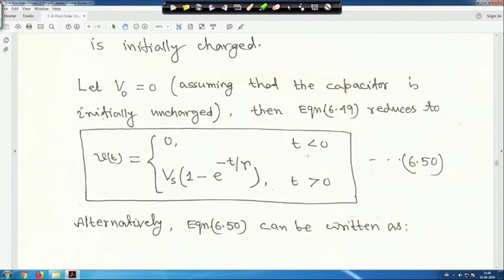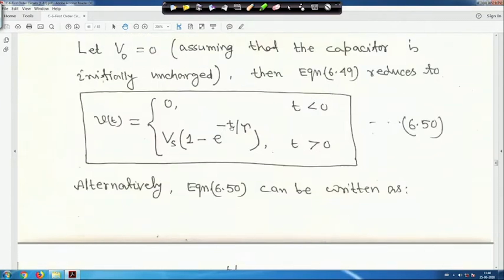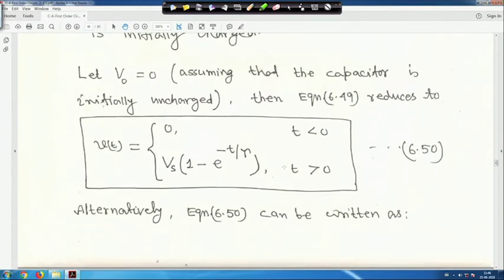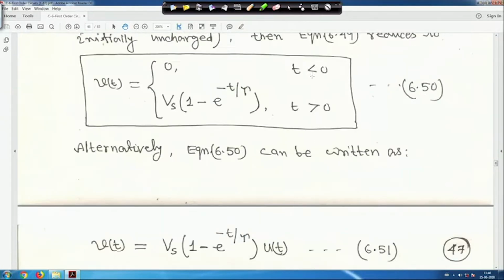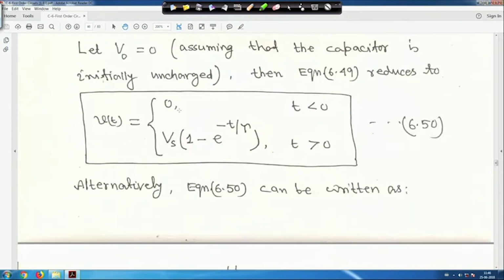Alternatively, you can write this equation another way: Vt is equal to Vs (1 minus e to the power minus t by tau) into u(t), because u(t) is equal to 0 for t less than 0, then Vt will be 0, and for t greater than 0, u(t) is 1.